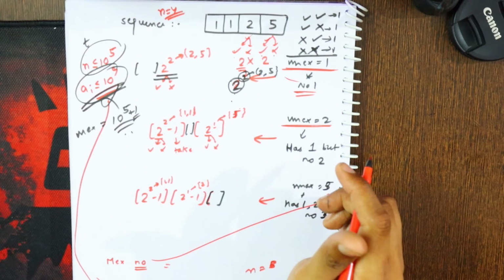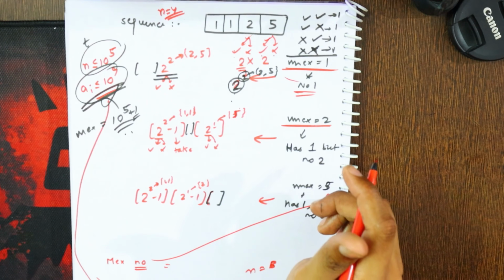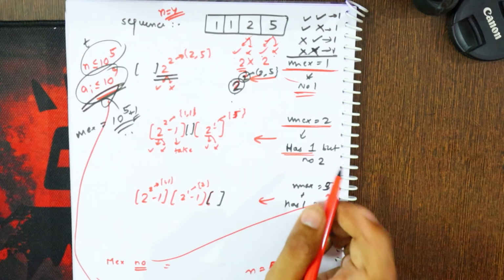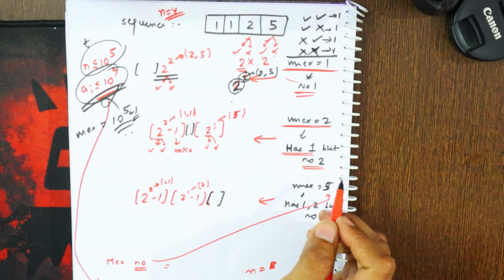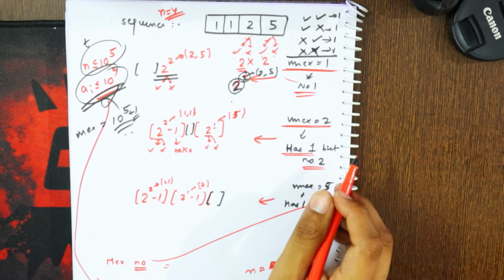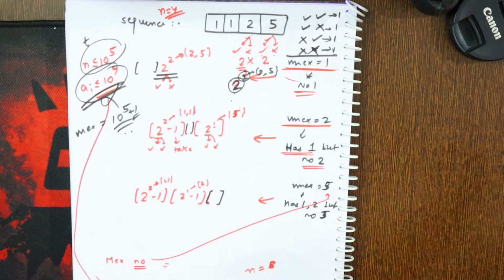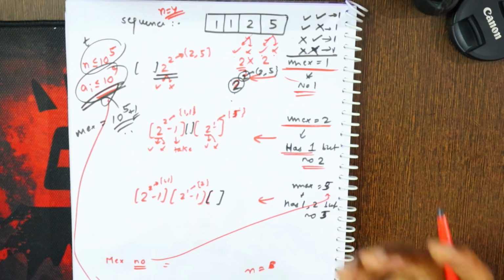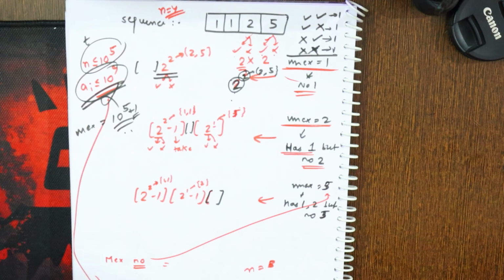Why did I say might be 2? Because it should have at least 1, but it should not have 2. Because if 2 is already available, then MEX will go beyond 2. If 1 and 2 are both available, then MEX will go beyond 2. So I want something which has MEX not going beyond 2.